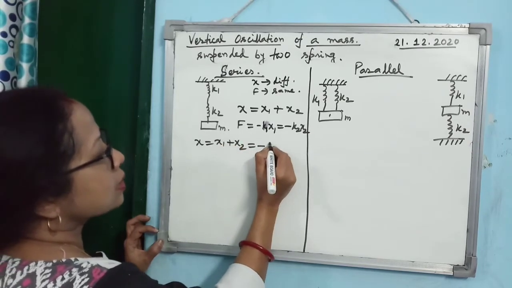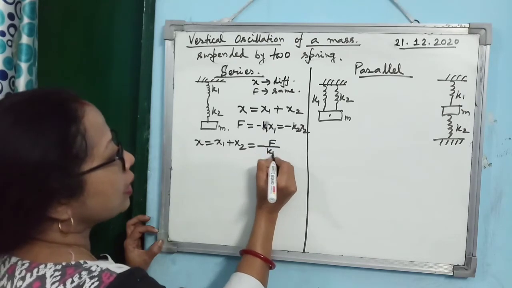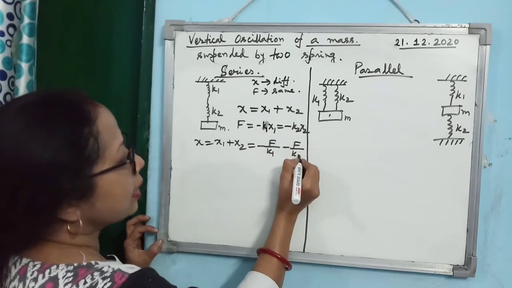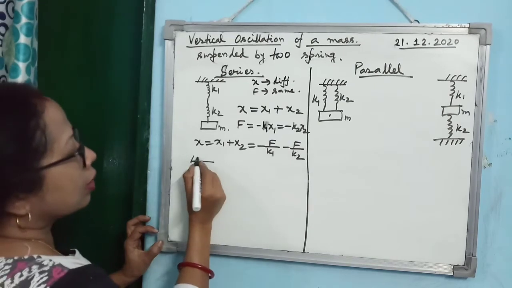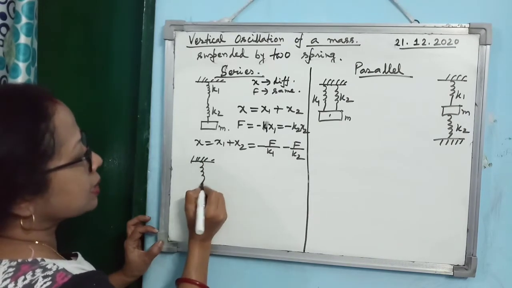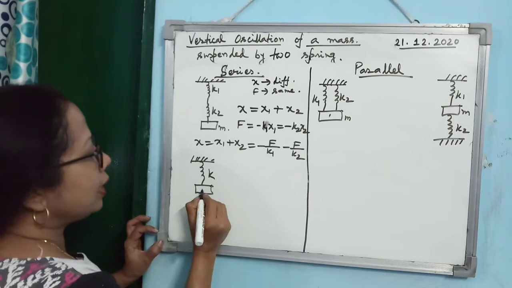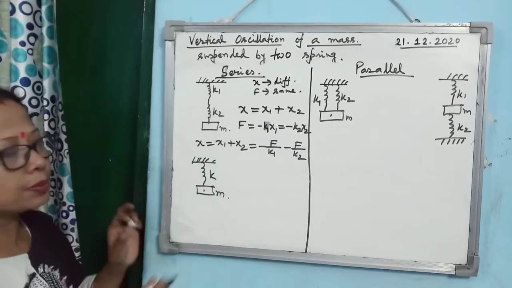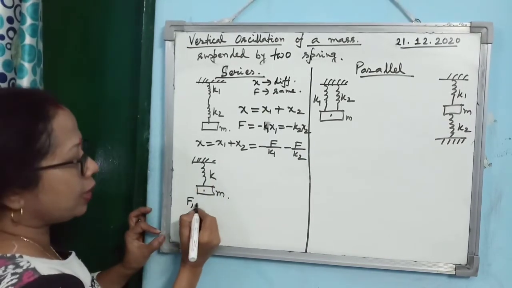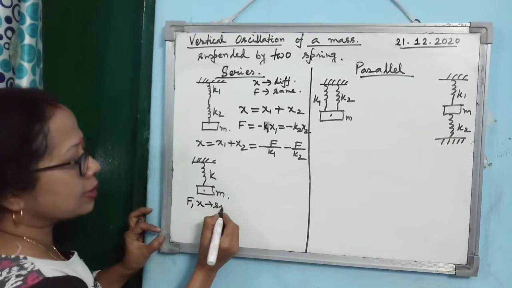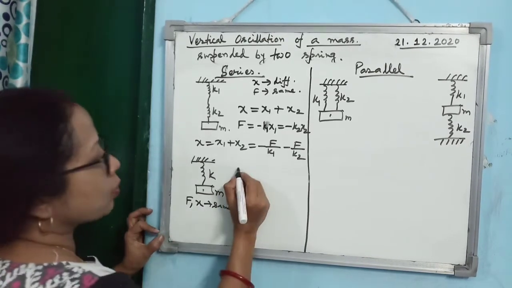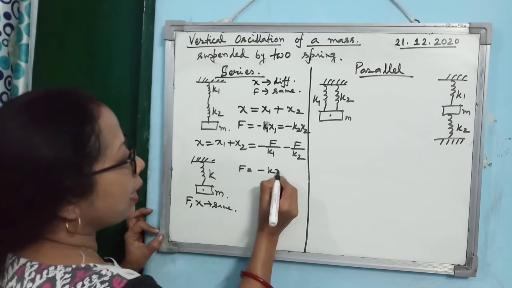You can write it as minus f by k1, then minus f by k2. Then the concept of equivalent spring is coming. Means you have taken only one spring of spring constant k in such a way that f and x remain the same. In that case, what you can write, f is equal to minus kx.